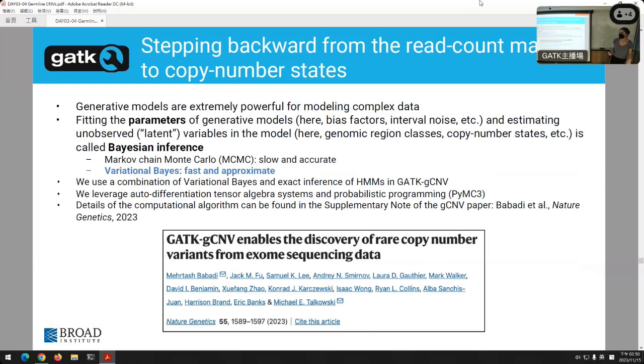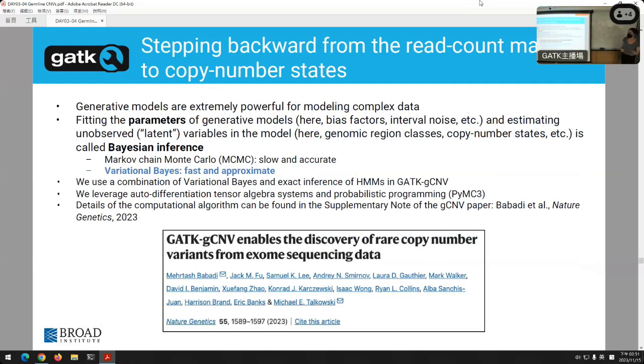And importantly, when we're using Bayesian inference, we don't just get a point estimate for the copy number. We're actually estimating the posterior distribution there. So we don't just get one number for copy number, we also get the probability that that number is the right one. So we get a confidence, which we can turn into a quality score for our copy number variant calls.